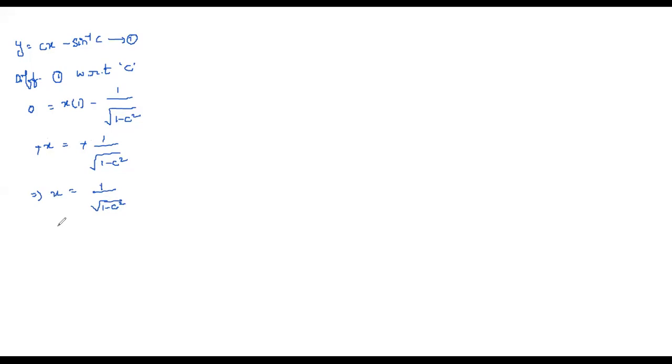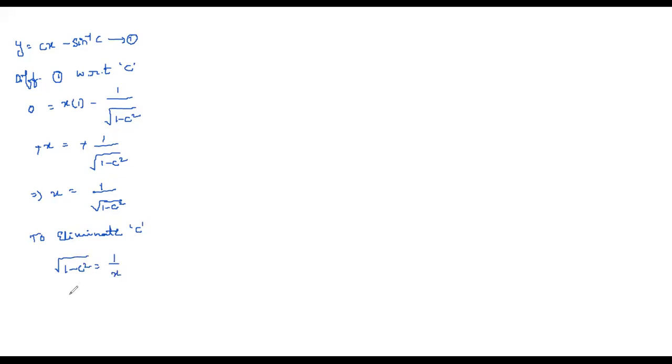To eliminate c, first take this to the other side: square root of 1 minus c square is equal to 1 by x.